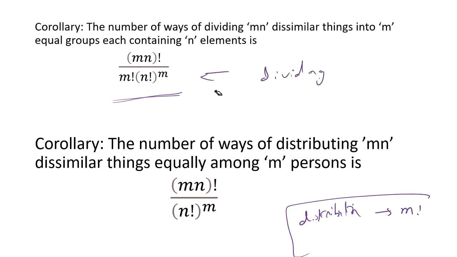Dividing can be done in these ways. Distribution can be done in m factorial ways. So if I multiply these two, then I will get this result: (mn) factorial upon (n factorial) raised to m. These are the total number of ways in which I can distribute mn distinct things among m people equally. So these are the results that we have seen in the last class.